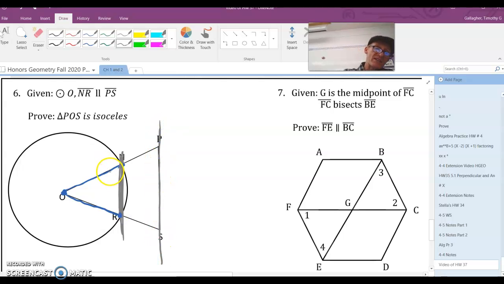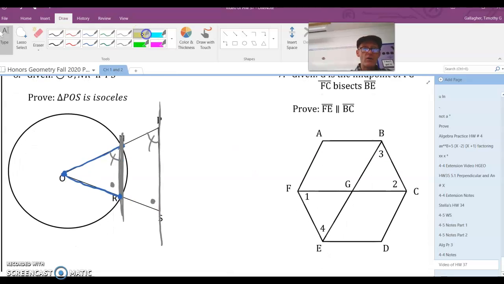And then what we can see is that this angle and this angle are corresponding angles. And this angle and this angle are corresponding angles. Now, these 2 angles are congruent because this is an isosceles triangle. These 2 angles are congruent. That makes these 2 angles congruent by transitive property.